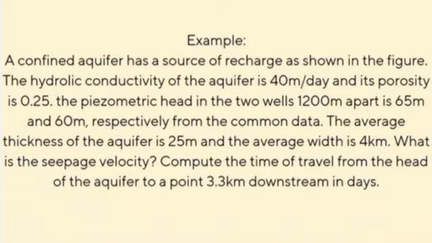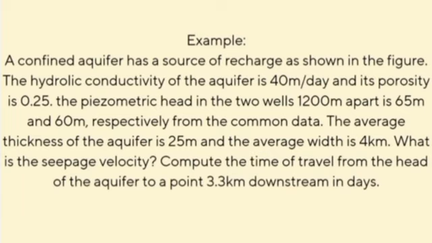Let's have an example. A confined aquifer has a source of recharge as shown in the figure. The hydraulic conductivity of the aquifer is 40 meters per day and its porosity is 0.25. The piezometric head in the two wells 1,200 meters apart is 65 meters and 60 meters respectively from the common data.